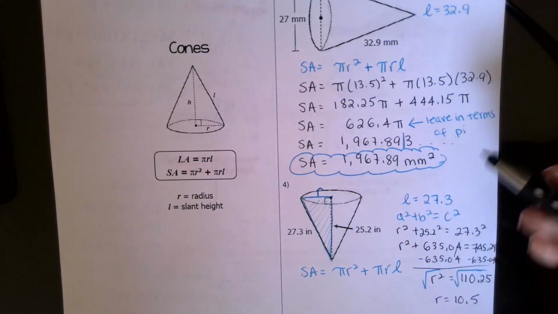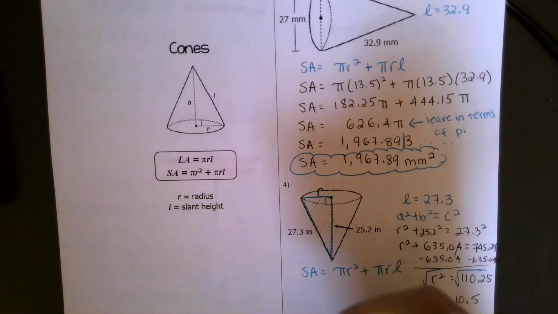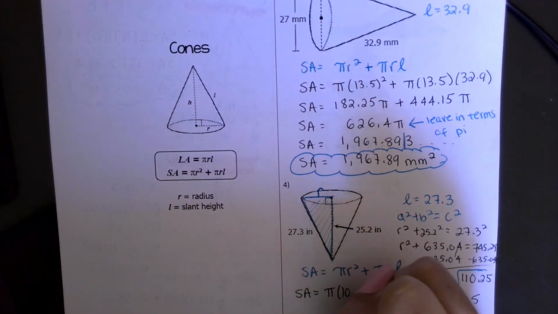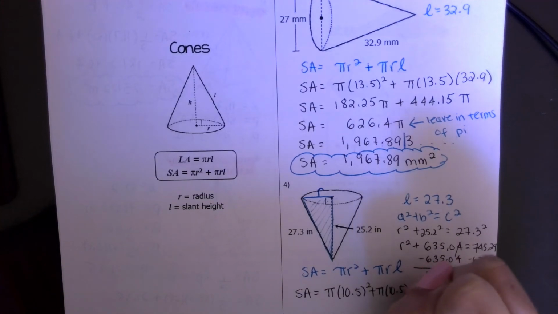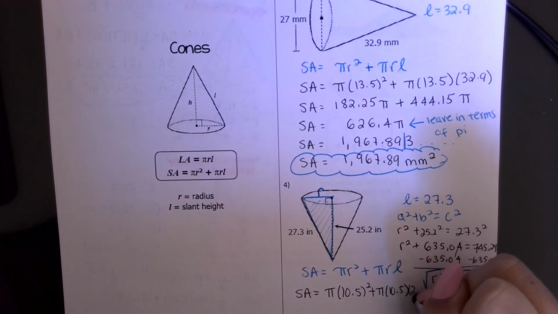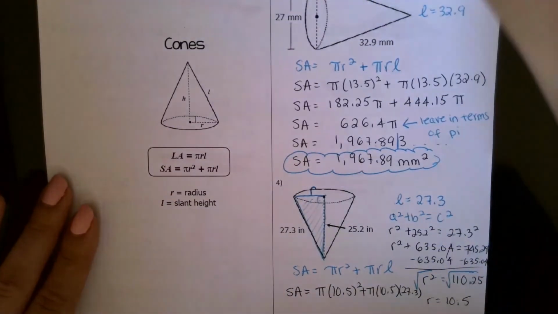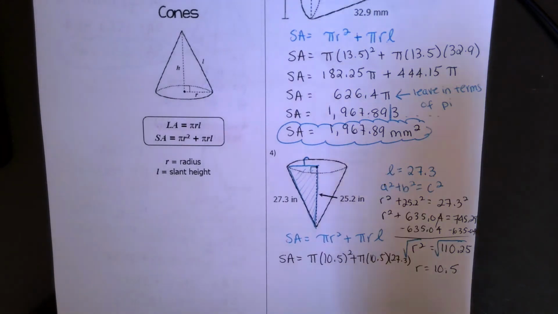So now I know what my slant height is and my radius, and now easy part, plug it in like we've been doing. Pi, so my radius now is 10.5 squared plus pi 10.5 times my slant height, 27.3. I'm going to go ahead and square 10.5 first.